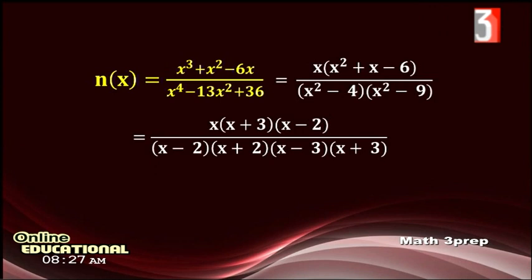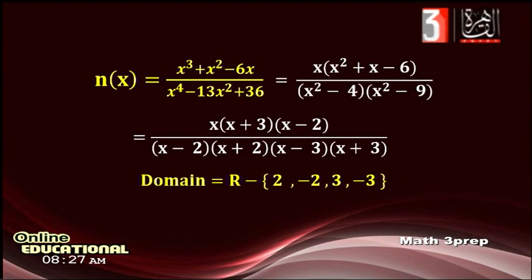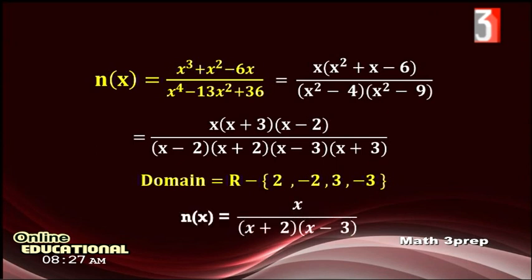Then the domain will be R except 2, negative 2, 3, and negative 3. Then reducing like terms, which are x plus 3 with x plus 3, x minus 2 with x minus 2, to obtain a result as n of x equals x over x plus 2, x minus 3.